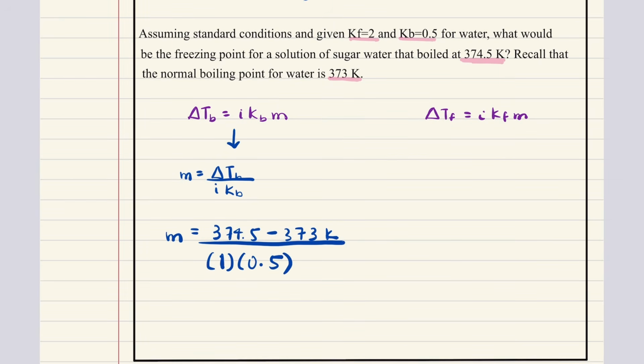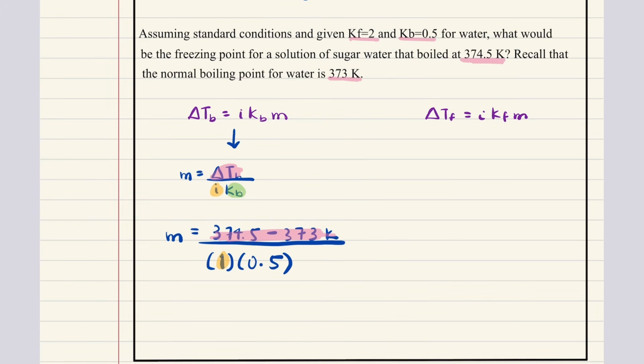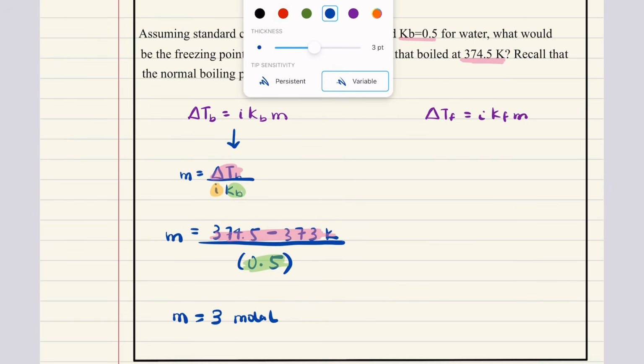This gives us that molality m equals delta Tb divided by Kb. i is not in there because i is 1, so we just went ahead and removed it. Anything multiplied by 1 is 1. Anything divided by 1 is that number. And this is going to give us 1.5 divided by 0.5. That is equal to 3. That is our molality value.